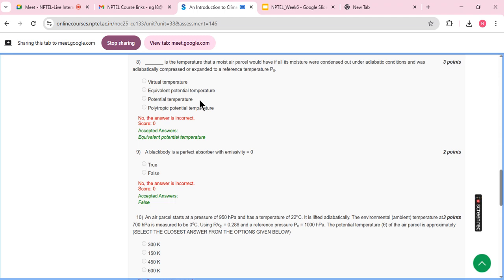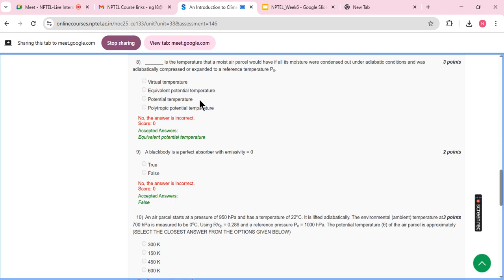Dash is the temperature that a moist parcel would have if all its moisture were condensed out under adiabatic conditions and was adiabatically compressed or expanded to a reference pressure P0. So the options are virtual temperature, equivalent potential temperature, and potential temperature.